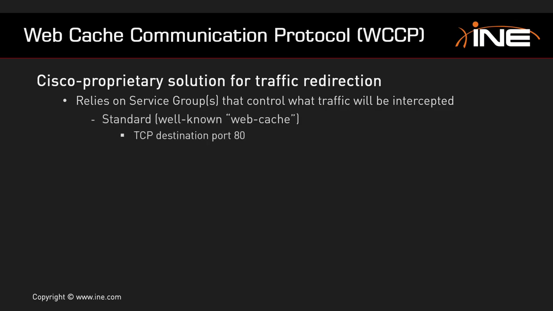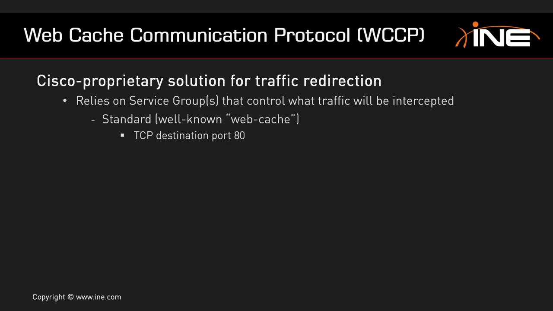And there are going to be two types of those service groups. We can go for a standard group, which is also known as web cache. This group is more of a default, well-known description of the traffic that we want to intercept. And specifically, it is only TCP packets destined to port 80.